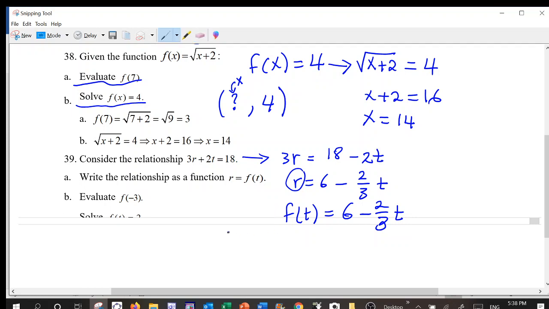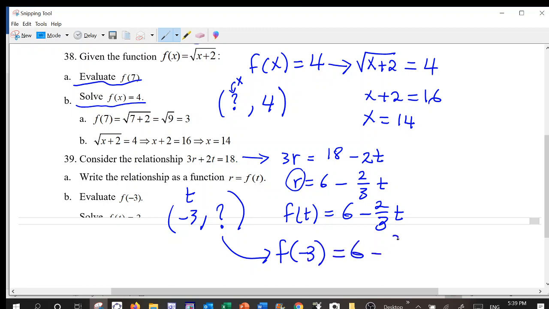Well, that means this time t is the input. If t is negative 3, what is f of negative 3? This number would be f of negative 3, which is 6 minus 2 over 3 times negative 3. Now this negative 3 cancels this, right? So this is actually 6 plus 2, which is 8, right?